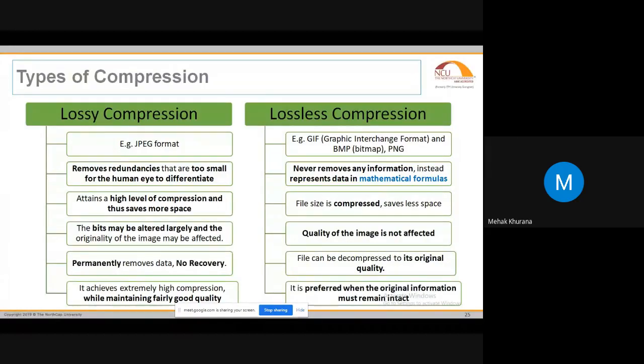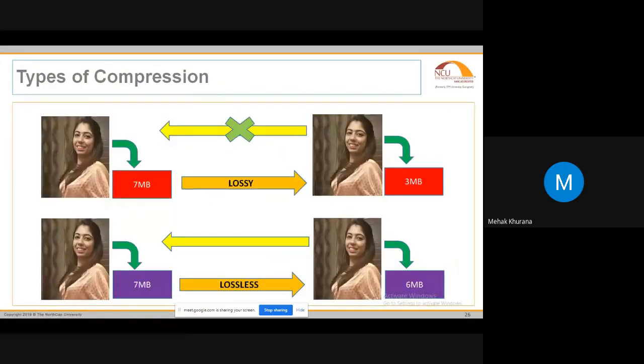Next, please. In the next slide, I have again taken my own image, which shows lossy and lossless compression. On the left-hand side, the image was 7 MB, and when I used lossy compression, it was reduced to 3 MB.